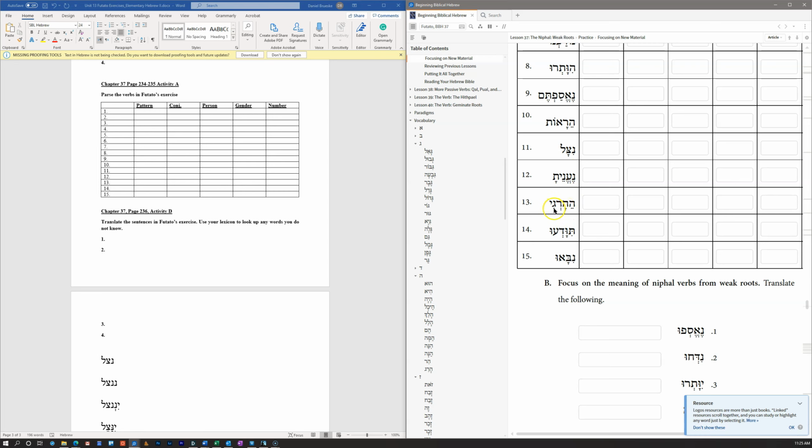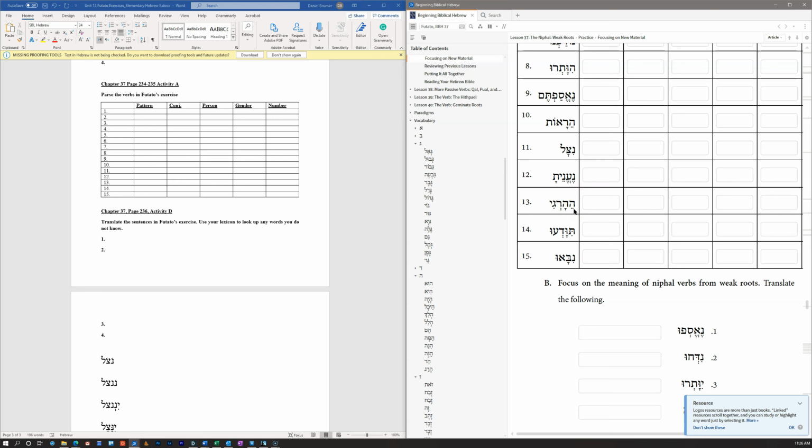All right, harag. Okay, so we've got the Hireq-yod suffix, which, when we get into object suffixes, could be distracting. It could be 'you did this to me,' but as part of the conjugation, this is a feature of the imperfect family in the feminine singular. And the fact that I don't have an imperfect prefix tells me that this is going to be an imperative.